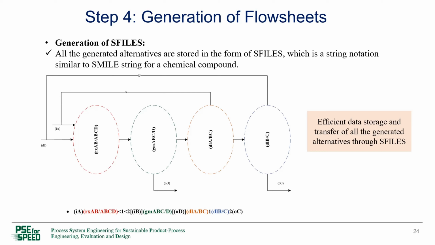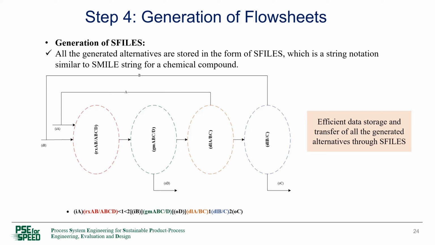It starts with IA, that is the input of the main reactant. Then the reaction, AB is the reactant, ABCD are the products. Then it says that there is a second reactant, which is B, so that it knows that A and B have to be recycled.